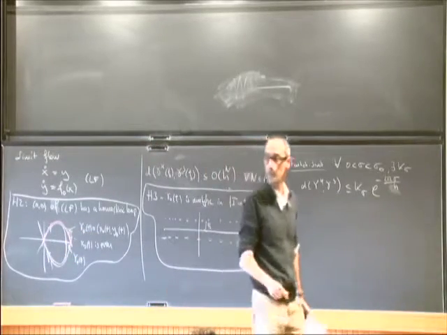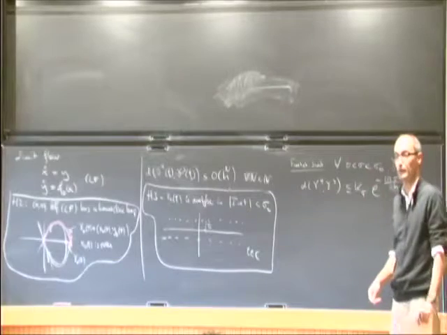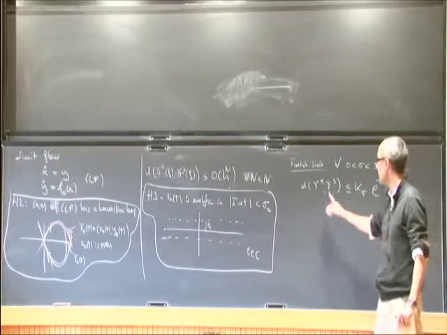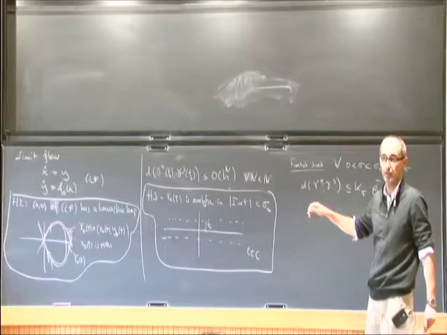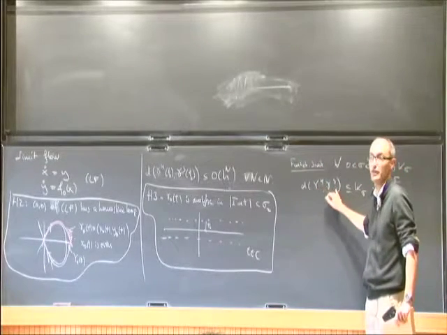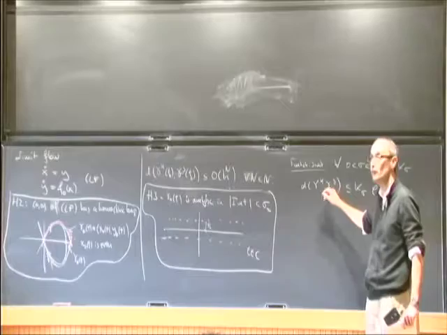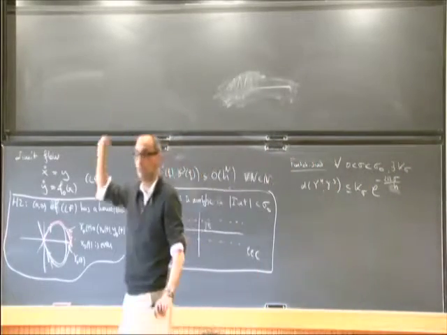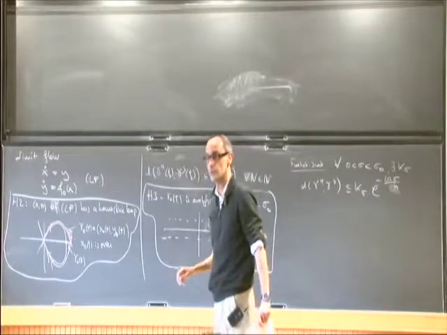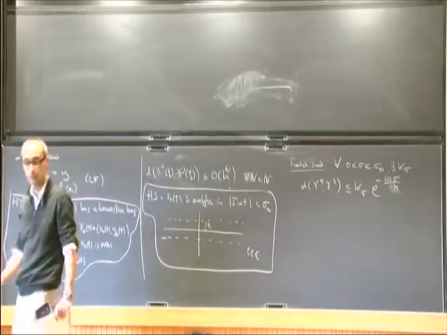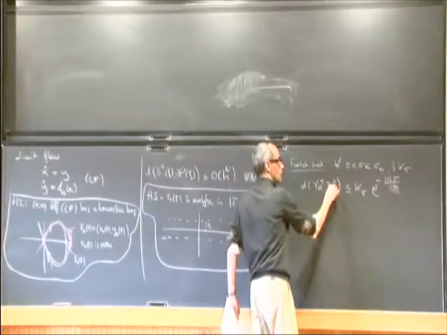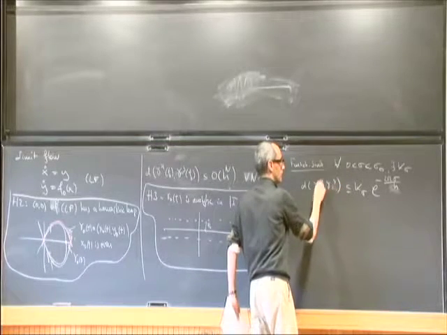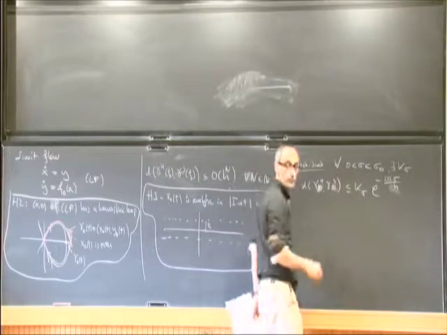You need the distance between gamma u and gamma s, between the invariant manifolds of the original map F. But they could split off. For instance, I measure that at any point here.